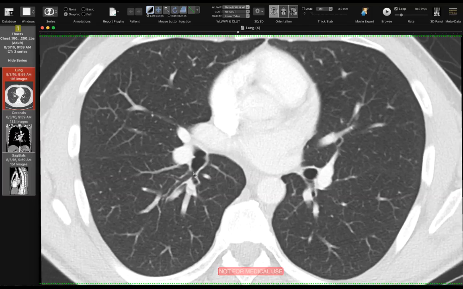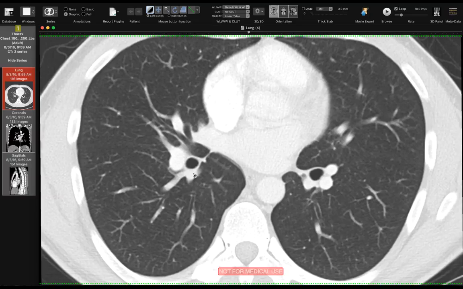The superior segment of the right lower lobe is the only one that doesn't touch the right hemidiaphragm. The others are the basilar segments, and those touch the diaphragm. Okay, so after the superior segment comes off, we have this bronchus here, and this is called the truncus basalis.